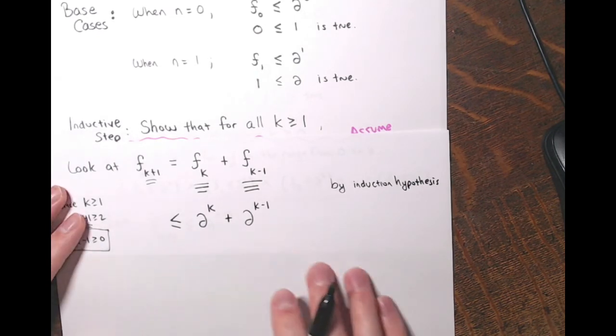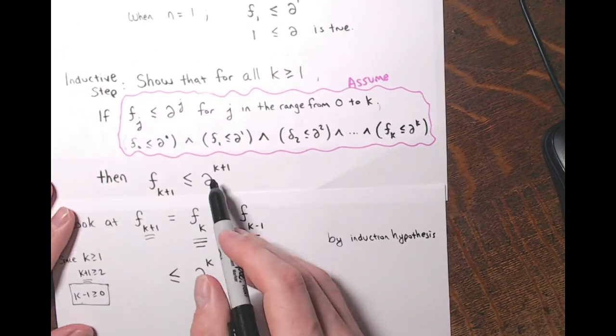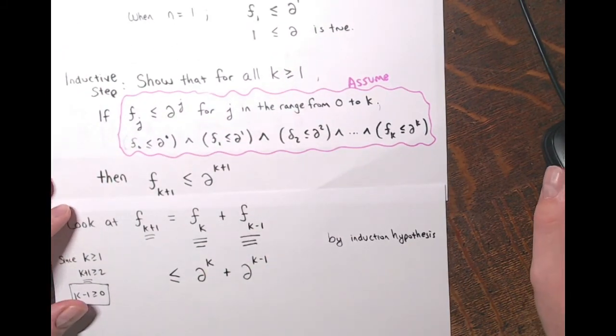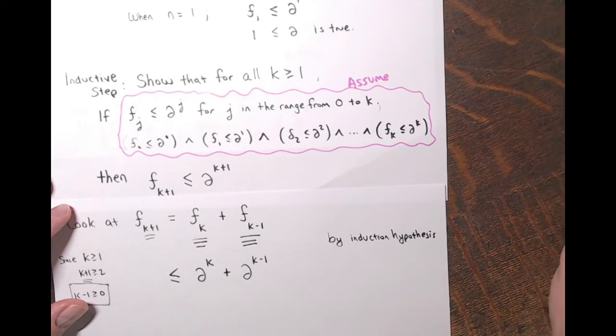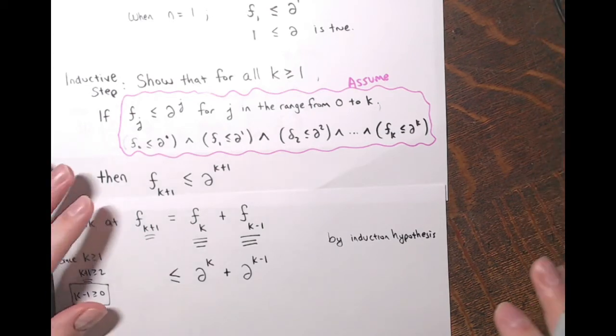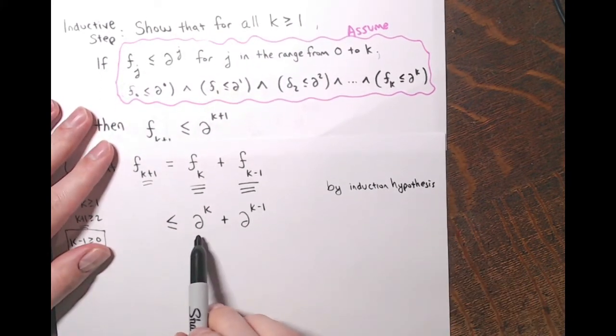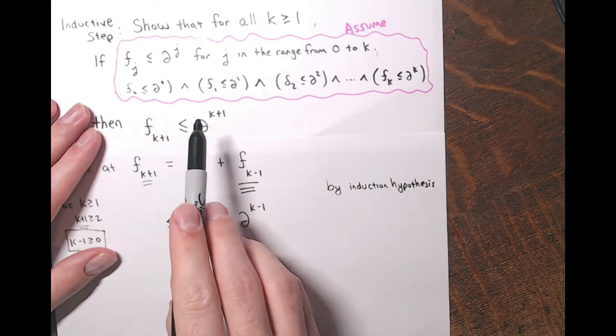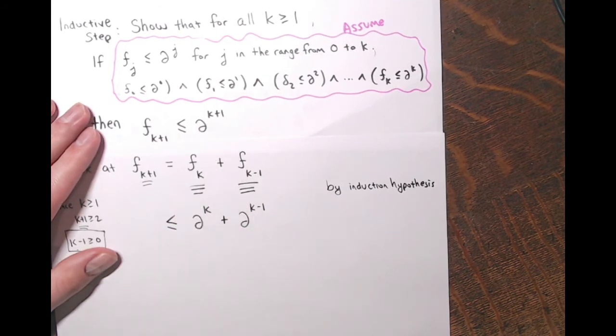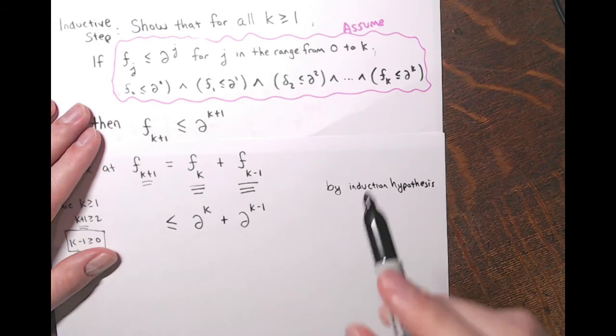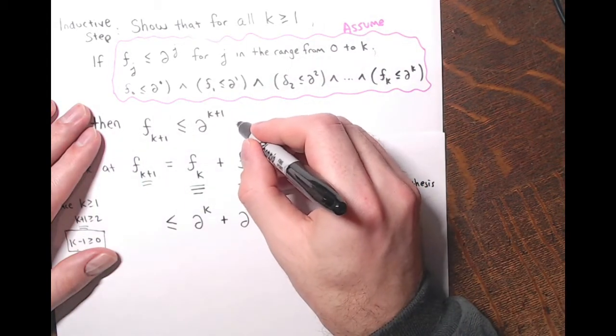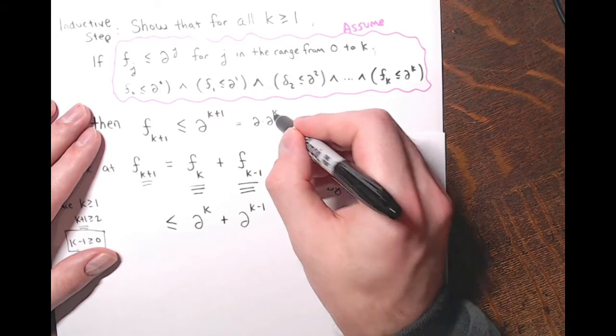Now I eventually want to get this to be less than or equal to 2 to the k plus 1. Something I notice: 2 to the k plus 1 is 2 times 2 to the k, right?